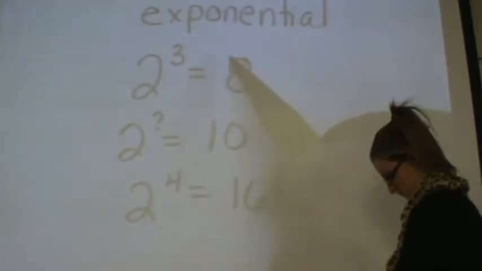First of all, do you guys remember? This is written in exponential form. So these three are exponential form. So on your note page right here, I want you to write 2 to the third power is 8. 2 to the fourth power is 16.